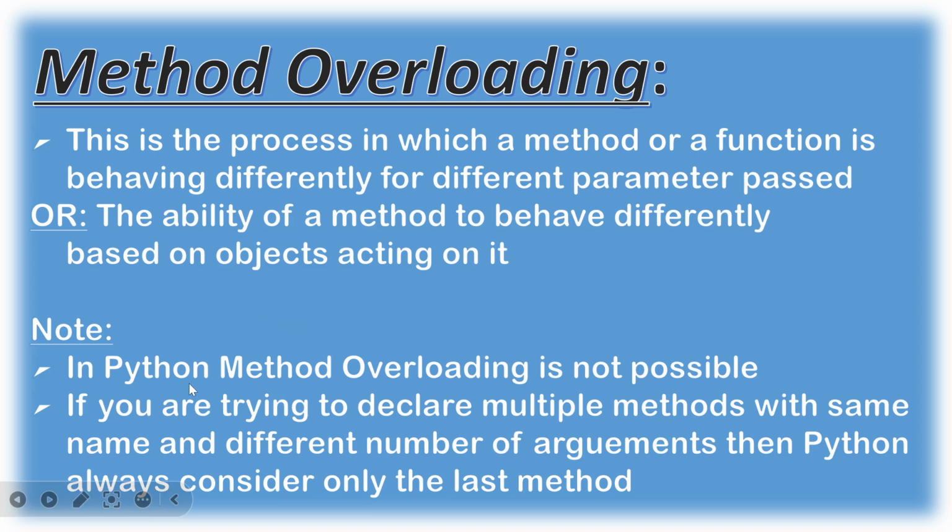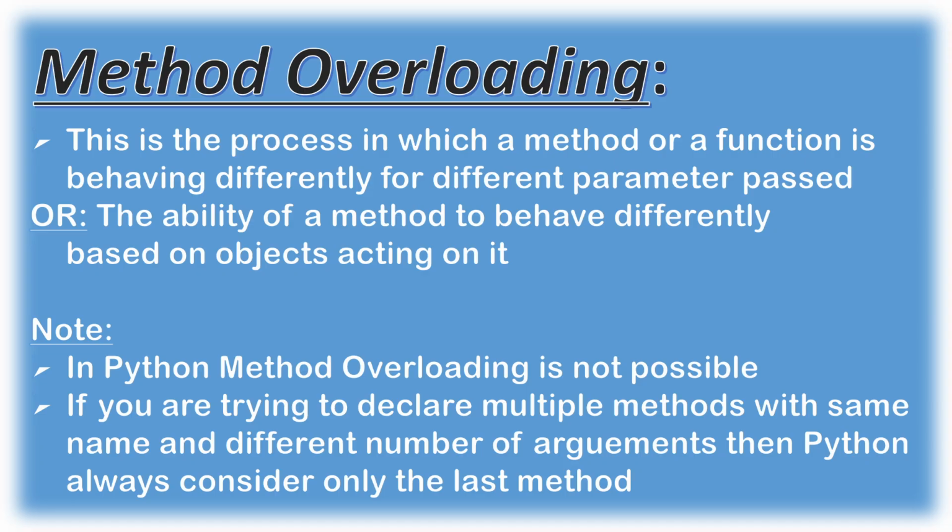You can note down some points. In Python, method overloading is not possible. If you are trying to declare multiple methods with the same name and different number of arguments, then Python always considers only the last method.